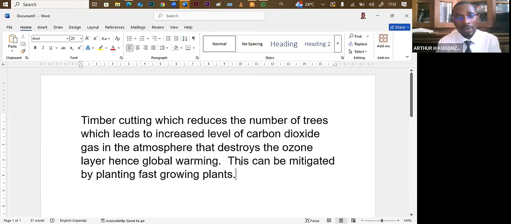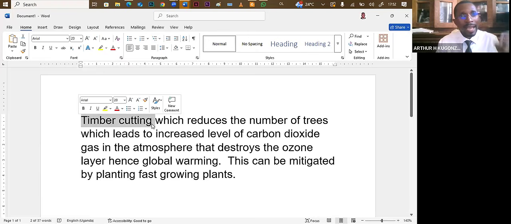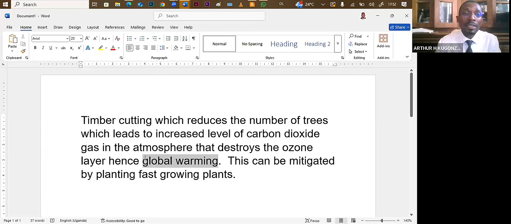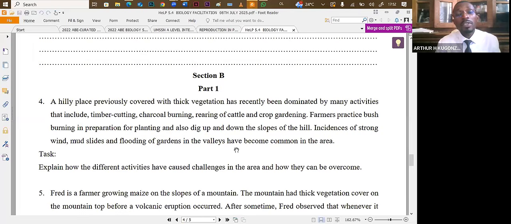Why? The person is saying, yes, timber cutting is correct. It is an activity even in that scenario. However, the person is saying that timber cutting leads to global warming. The question is, when we go to our scenario, where have you seen the problem of global warming?